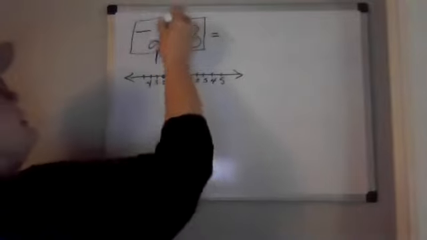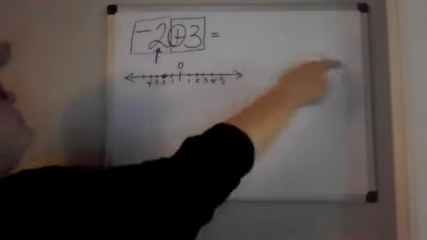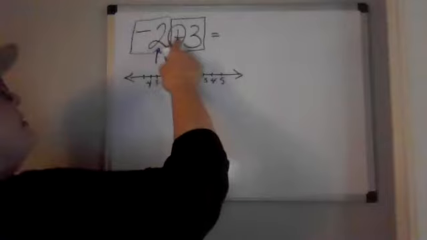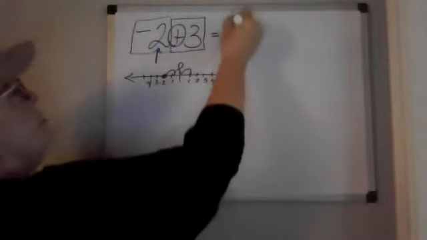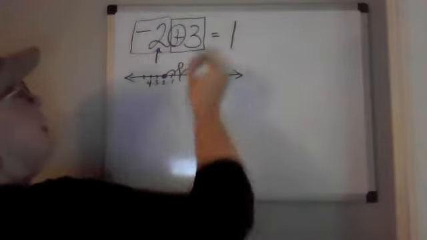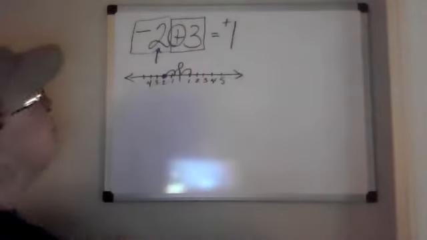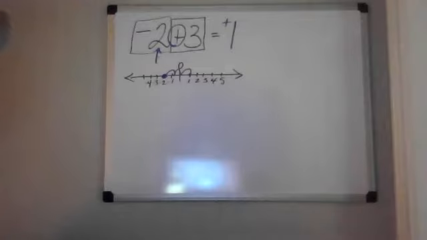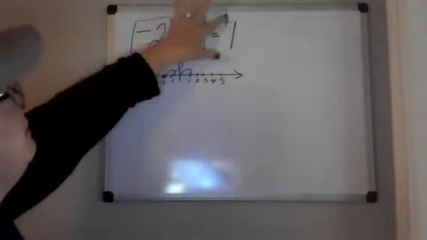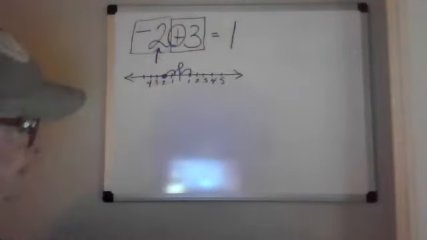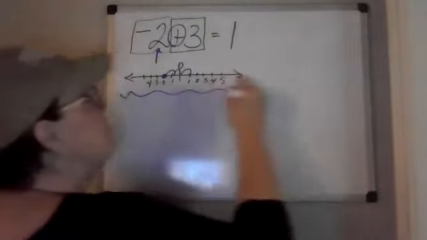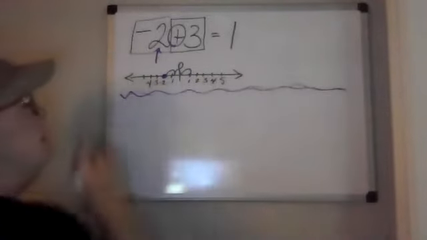I go in the positive direction, which is to the right, 3 spaces. 1, 2, 3. And so my answer is 1, or I can put a positive there right now. You won't see it written on the test or anywhere else with the positive. It'll simply say 1, and you're supposed to know that's positive. So there's our number line method.